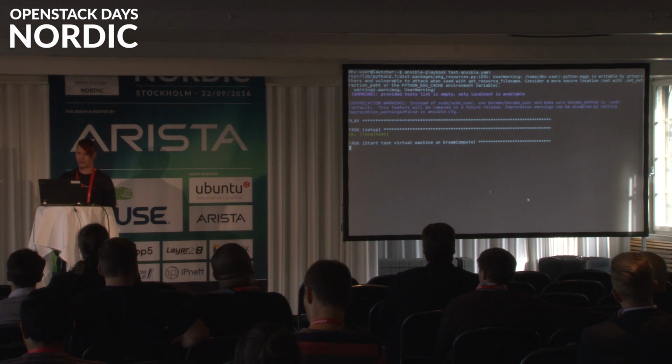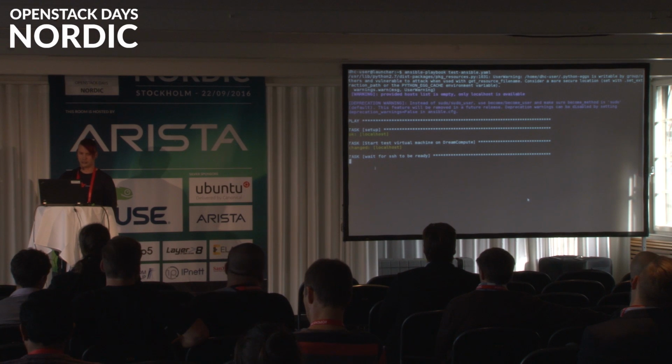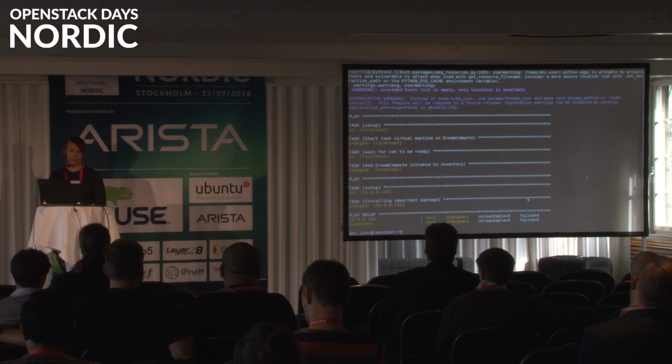Still waiting. Okay, so it should be done, and now it's waiting for SSH to be available on that. So we could see as well from the dashboard that it got a public IP, and now we have to wait for the important package that I was mentioning earlier that it got installed. And it got installed, and we can now SSH into it, hopefully.